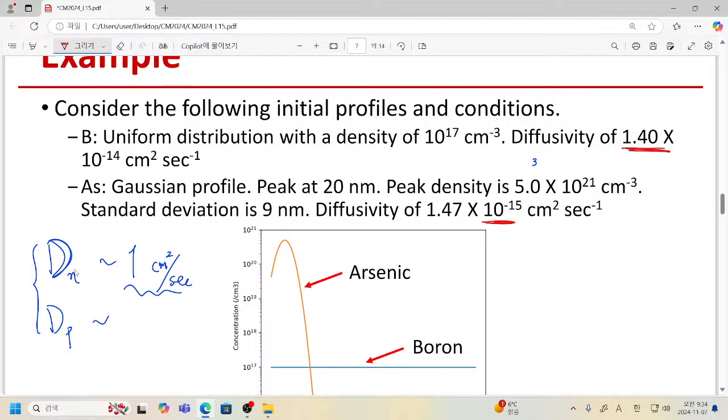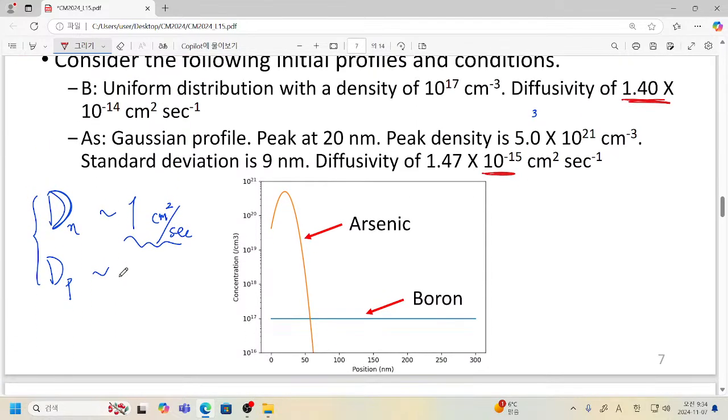So anyway, now let's think about this situation. Originally we have a uniform boron distribution. Boron is a p-type dopant, and its density is 10 to the 17. Yes, this is quite reasonable, and this just corresponds to our typical p-well density.